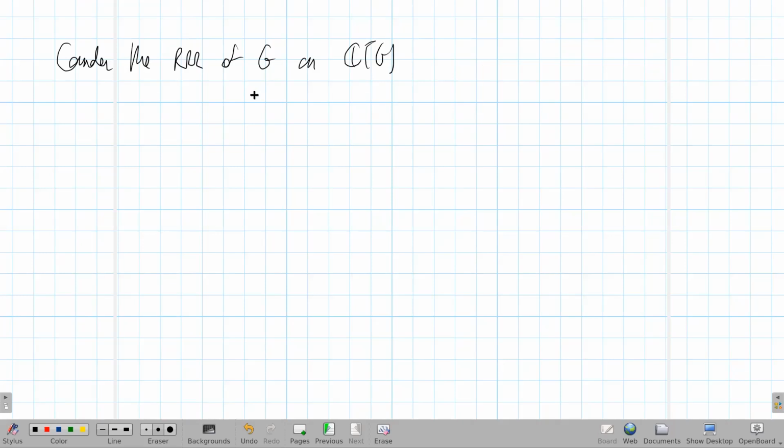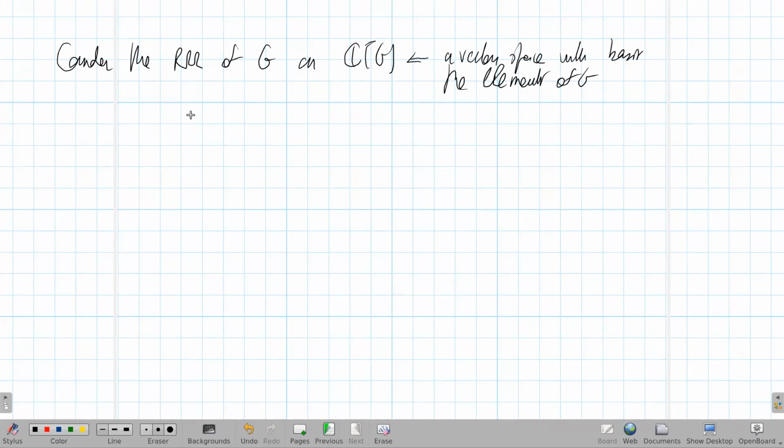It is the action of G on itself by right multiplication, and then you can extend it to a linear representation on a vector space which has as basis the elements of G. And this is, of course, the vector space with basis the elements of G, because the elements of the group algebra are exactly this.